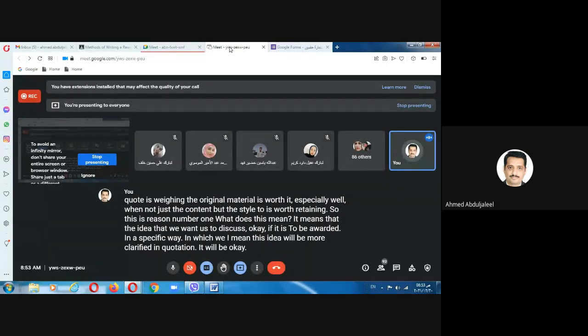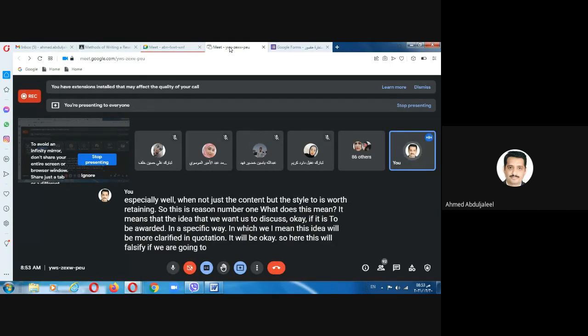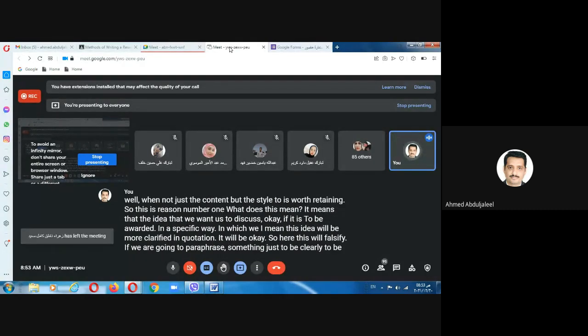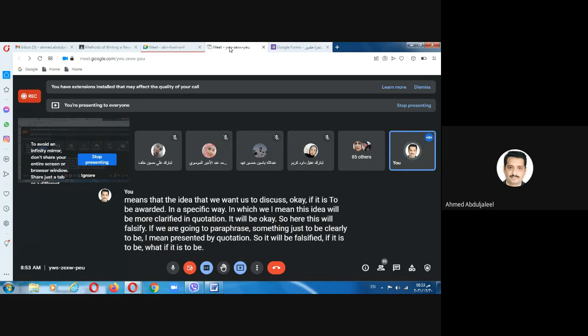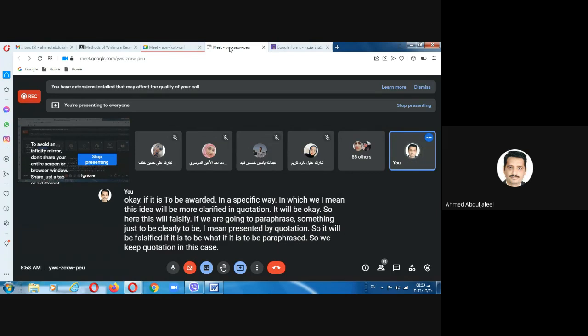This will falsify it if we paraphrase something that is clearly presented by quotation. So it will be falsified if it is paraphrased. So we keep the quotation in this case. So this is reason number one in using quotation.